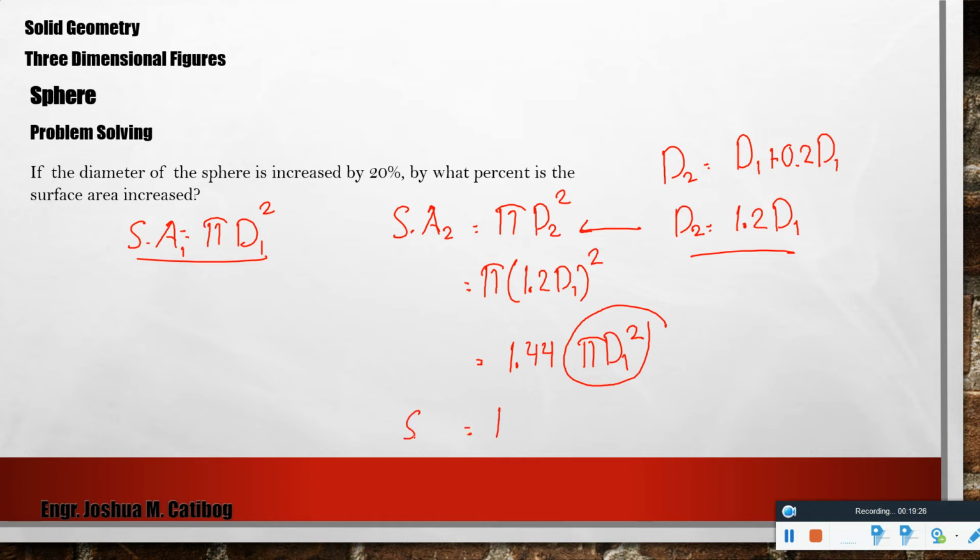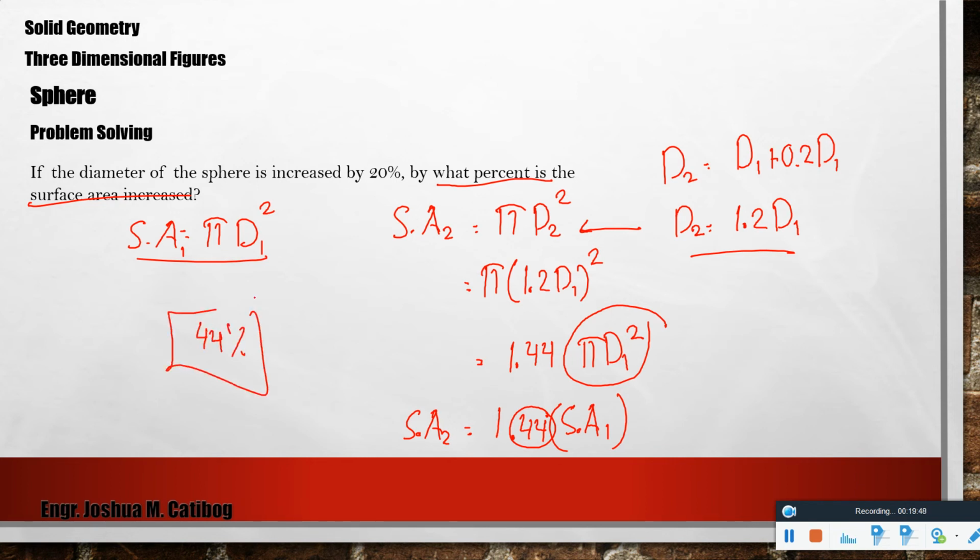Or simply, surface area 2 is simply 1.44 ng ating surface area 1. So from here guys, ang tanong po dito, by what percent is the surface area increase? Okay, so nag-increase lang po siya ng 0.44 or simply 44%.